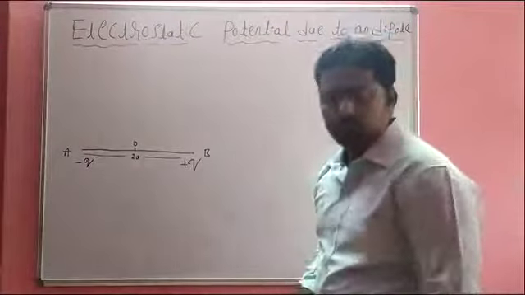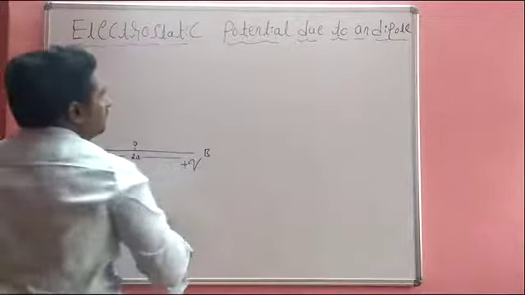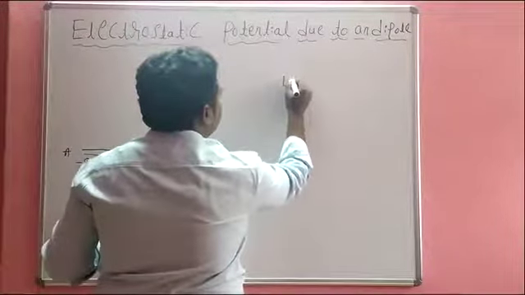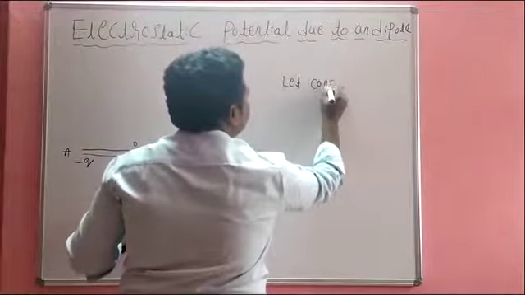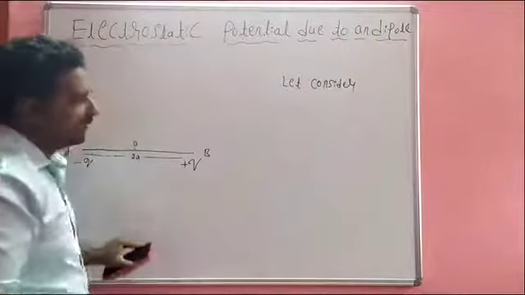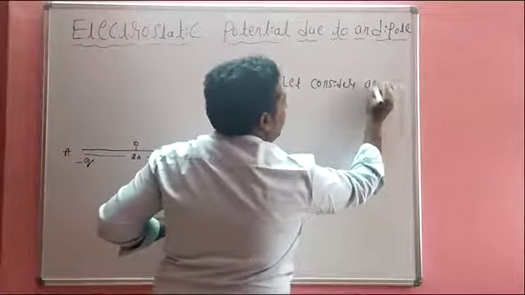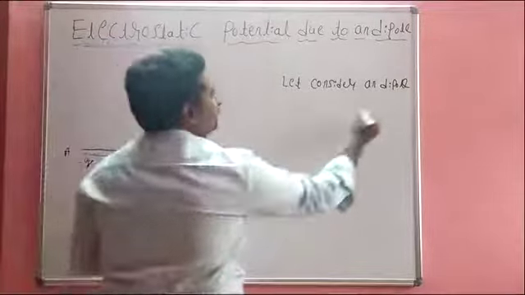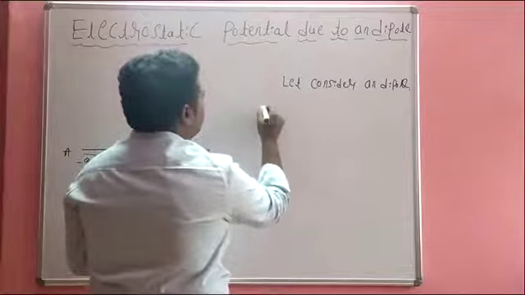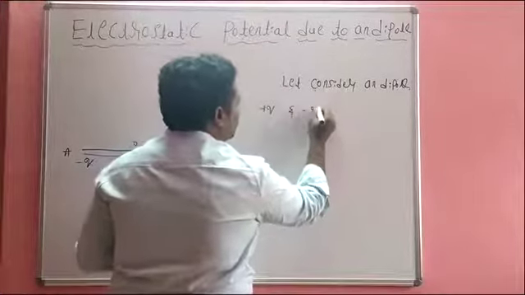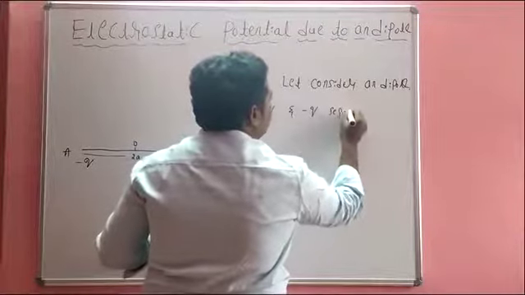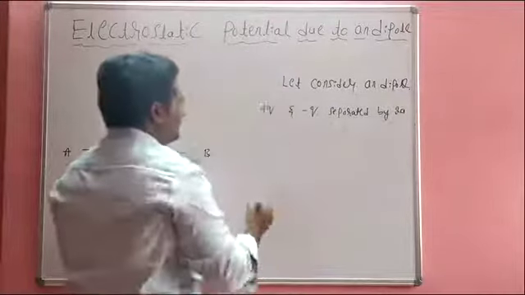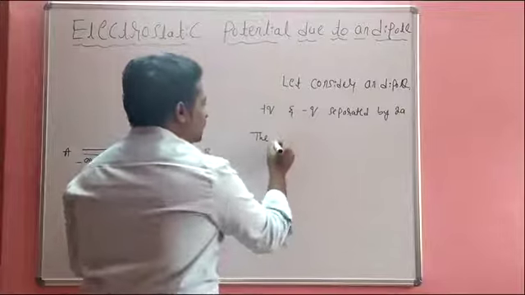Let's consider the dipole. So write down: let us consider a dipole, plus Q and minus Q separated by the distance 2a.